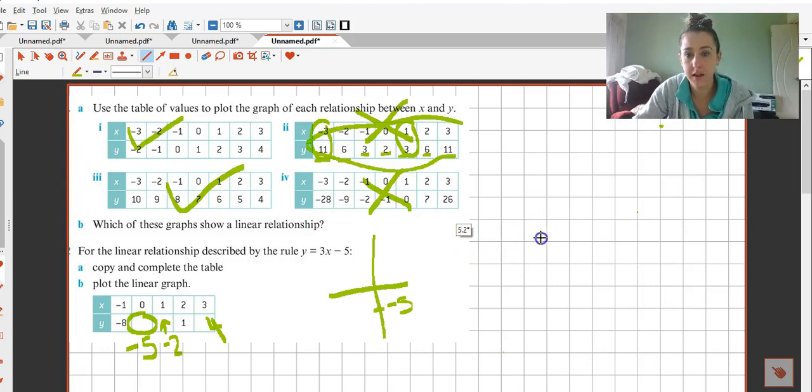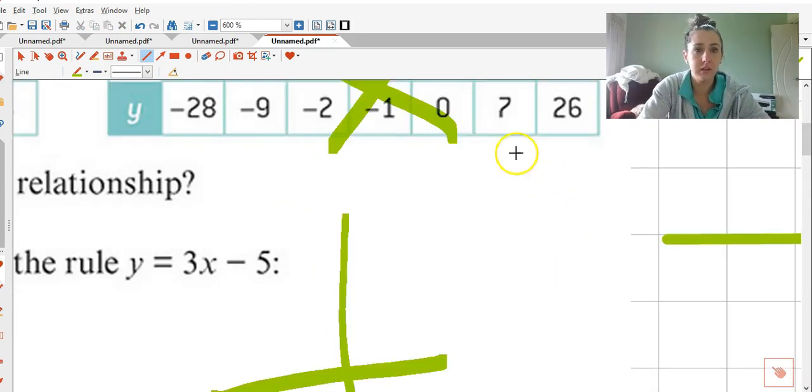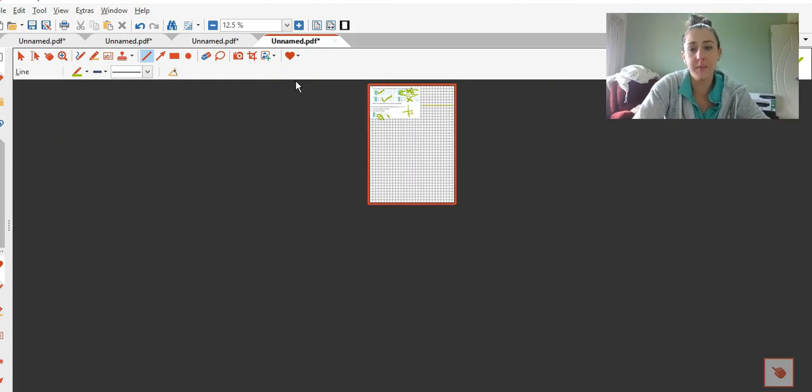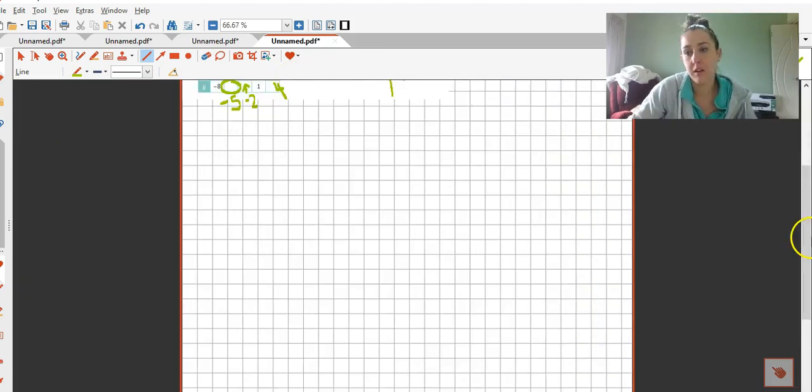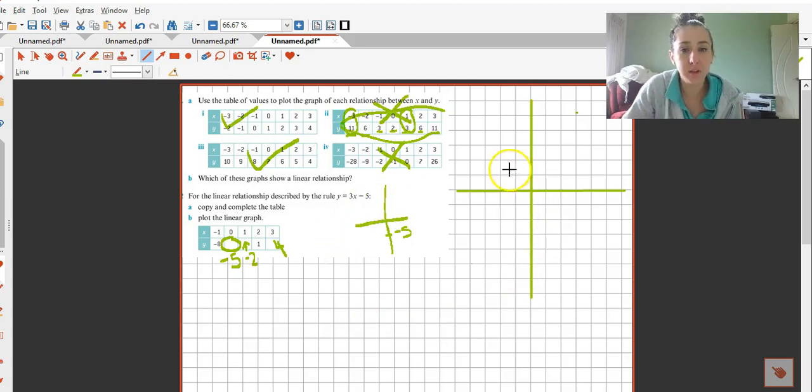We've got our x-axis across here, then our y-axis. Whoa! Zoom out. Obviously hit a button I wasn't meant to. Y-axis down here.